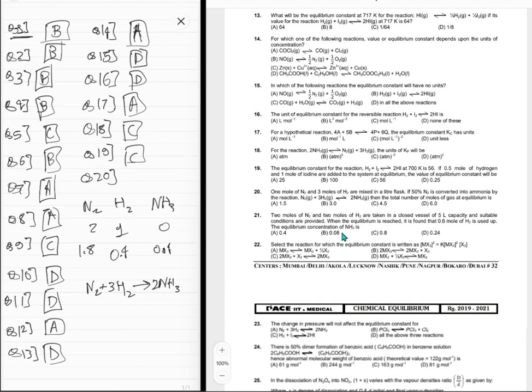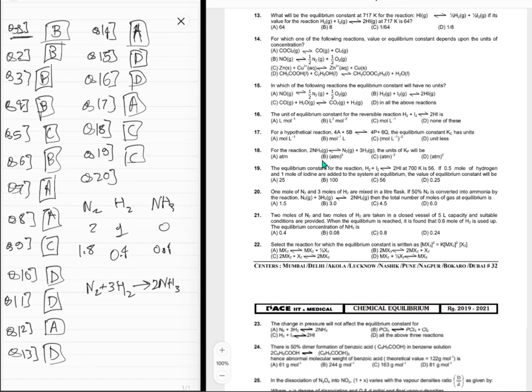Right, question number 20. Okay, that's good. And then the total, is this 19? Yeah, question number 20. Okay. Then the total number of moles of gas at equilibrium. Wait, no, I think I am going somewhere else. Right, this thing. Question number 19 is. Oh, it should have been question number 19. Wait, what?